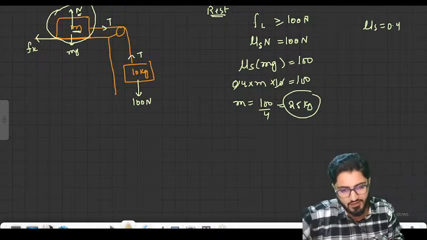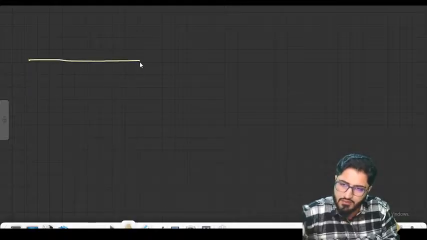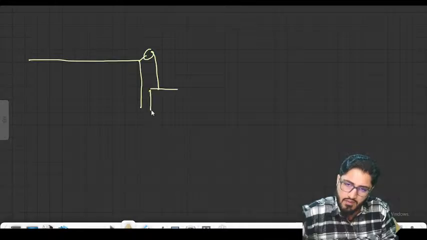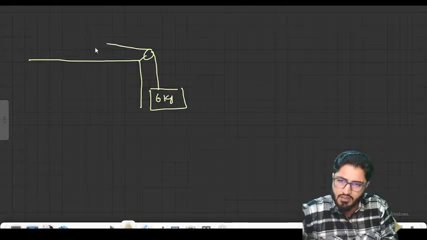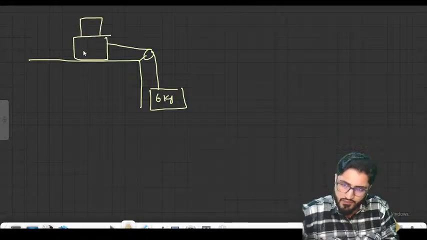One more thing. Look, same numerical. 6 kilogram. There are two boxes. This one is 4 kilogram. This one is m.